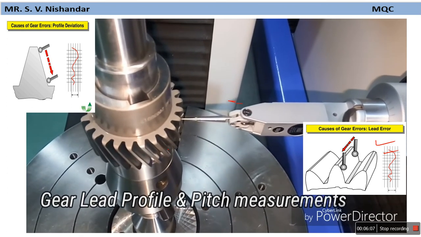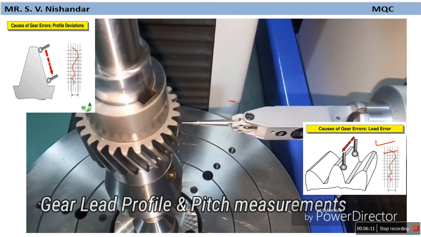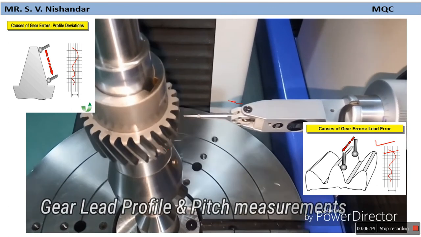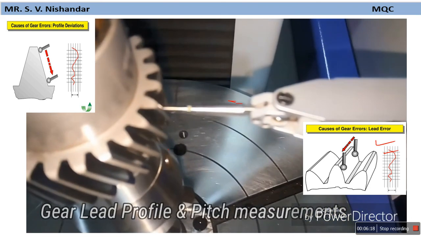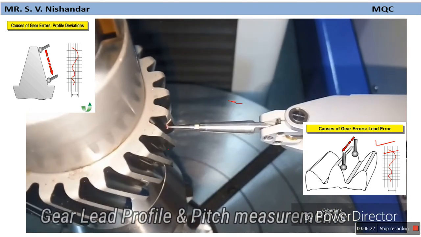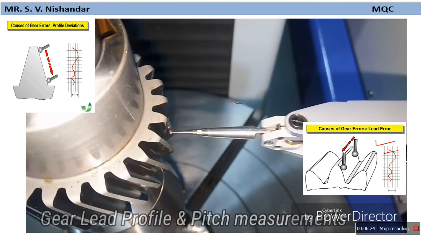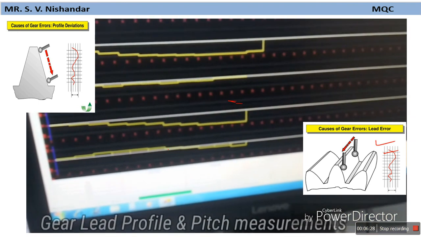Hope you understood how to follow the path in order to measure each parameter. While measuring the profile, we have to move over the contour of the tooth profile. While measuring the lead, we have to move over the flank surfaces and compare the trace. Here we measure the pitch from one adjacent point to the next adjacent point.